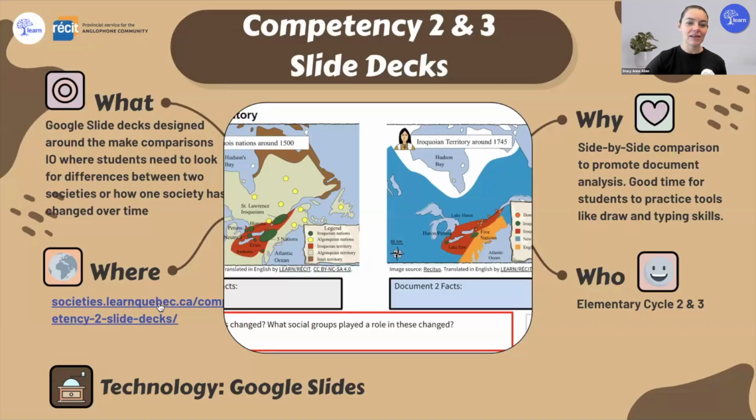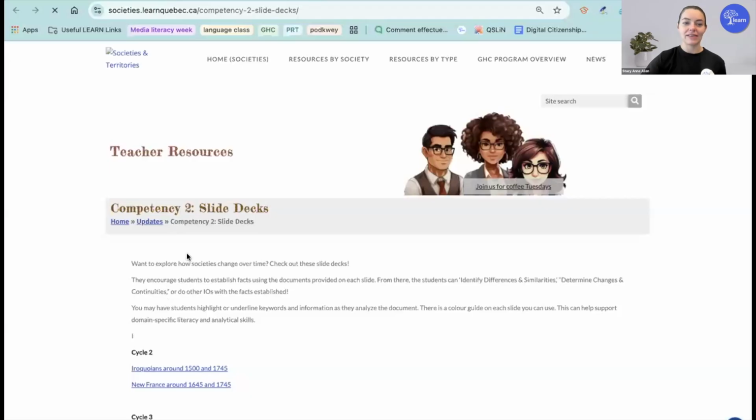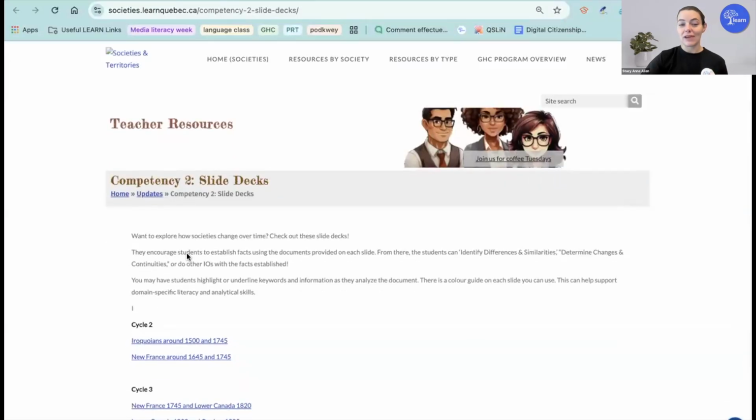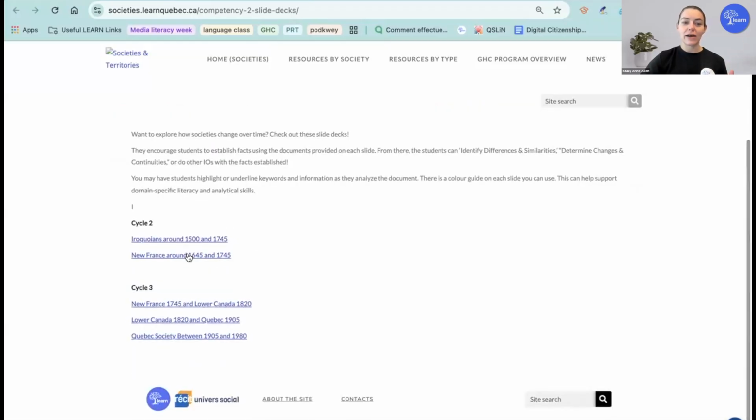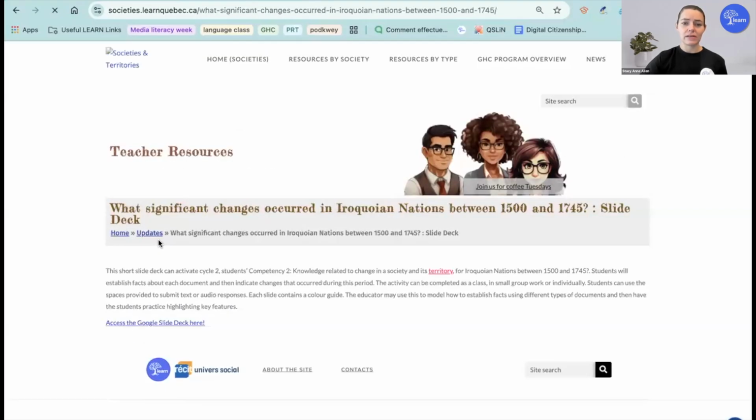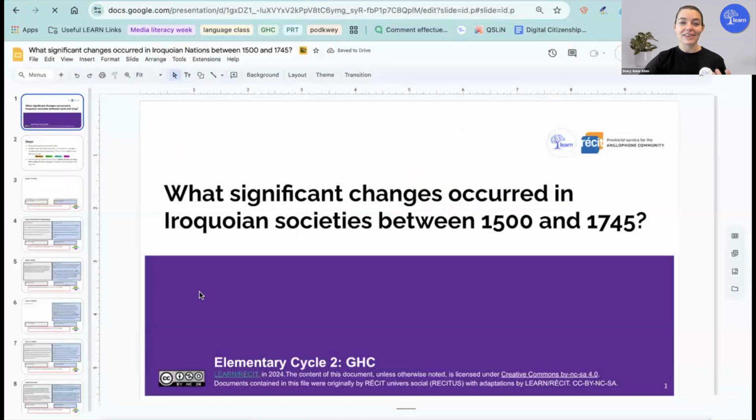I'm going to click on the link on our slide deck today, and you'll notice that it brings me directly to the Competency 2 slide decks. You'll see they're divided by society and period. I'm just going to click on the Iroquois societies around 1500 and 1745 so you can get an idea of what these look like.